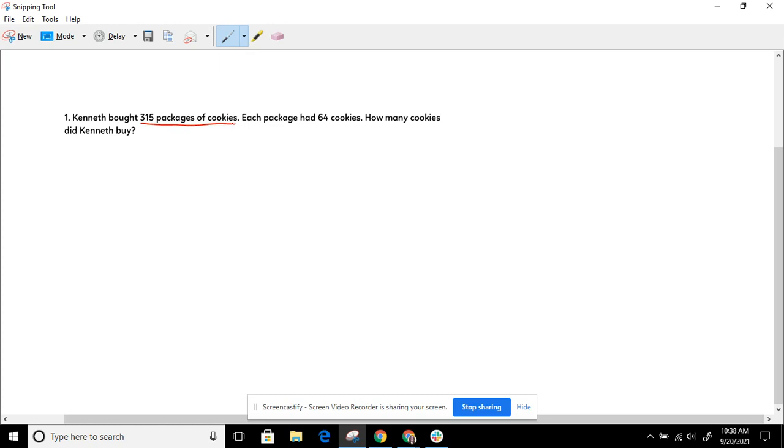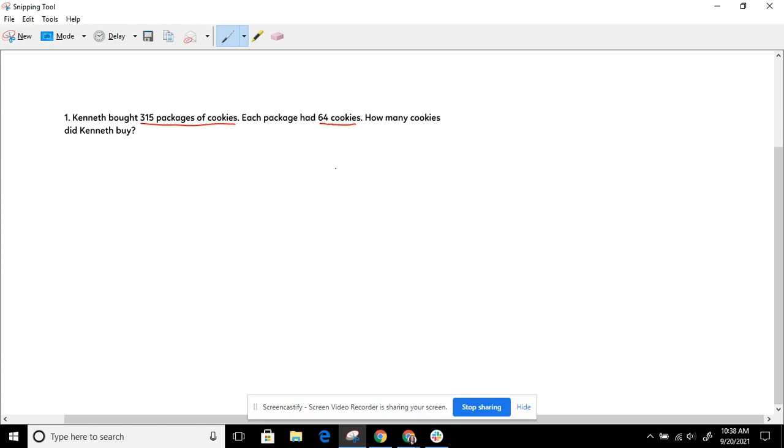Okay, whenever I do word problems, I like to imagine this. So I want you to imagine 315 packages of cookies. Let's make them Oreos. So 315 packages of Oreos. That is a lot of packages of Oreos. Each package had 64 cookies. So in his first package, 64 cookies.